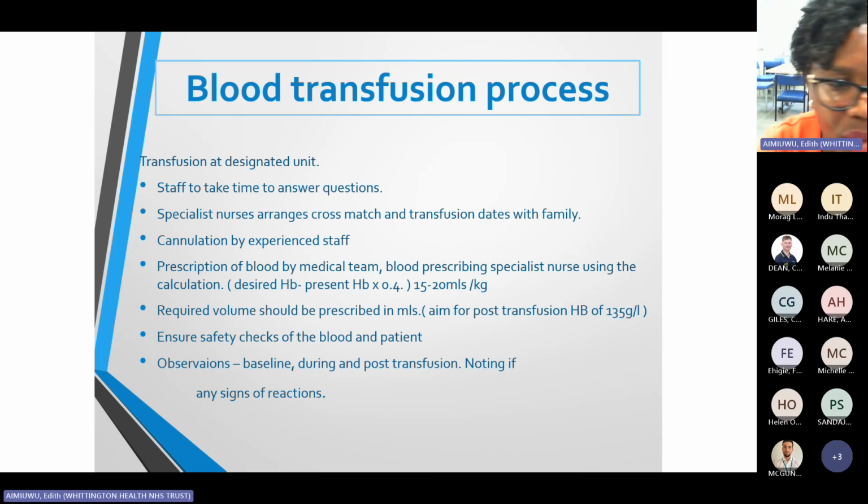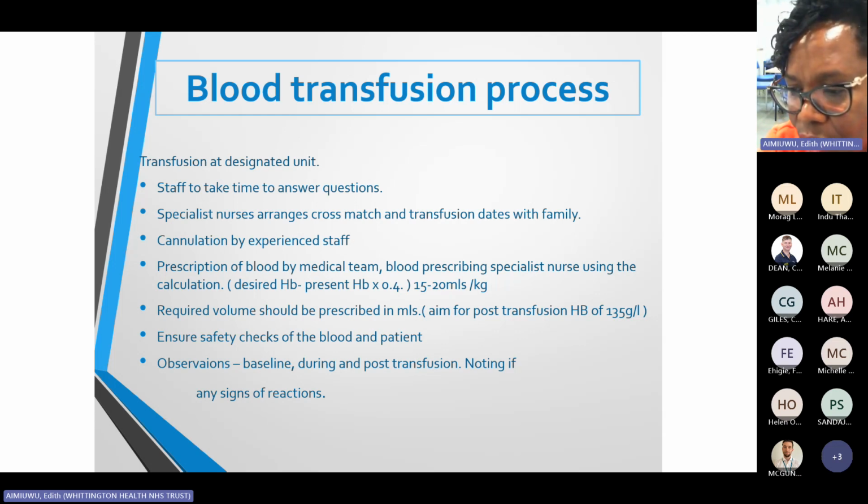What is the process of blood transfusion? Transfusion should be done in a designated unit. Staff should be able to take time to answer questions asked by the parents. They shouldn't be in a rush.